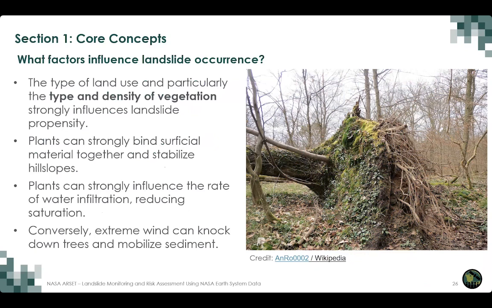And one thing I also note using this image here, this tree has fallen over potentially as a result of extreme winds. And that is a way that large amounts of material can be shifted, and potentially lead to failure of a hill slope as a result of what's called tree throw. And again, there's lots of different elements playing together here, but understanding the way in which vegetation also acts to trigger landslides is certainly relevant.